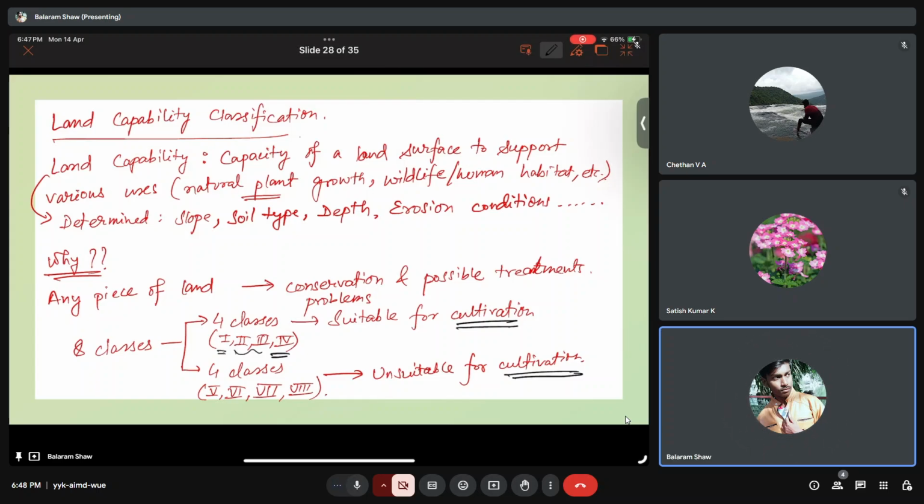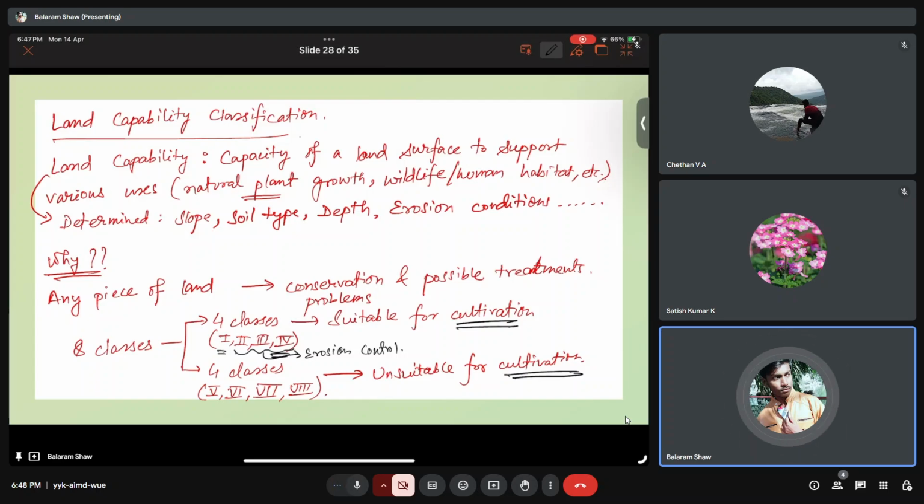So in all these, we need erosion control, and the intensity of erosion control will be increasing as we move towards the sloping kind of land.